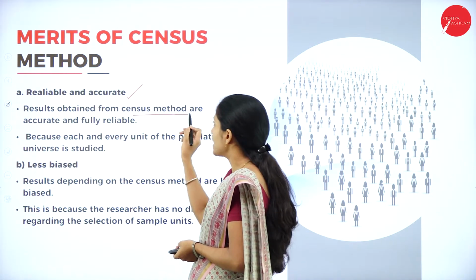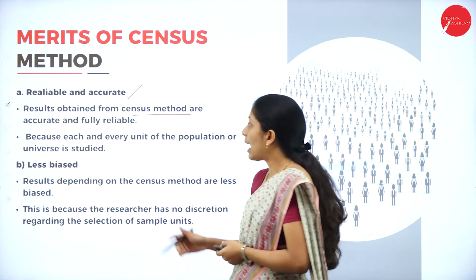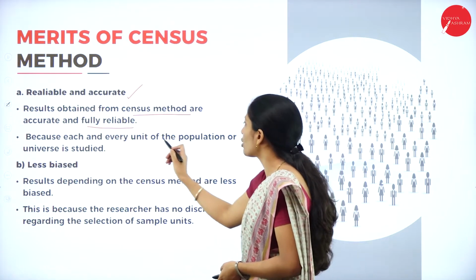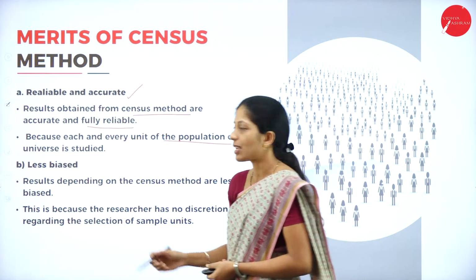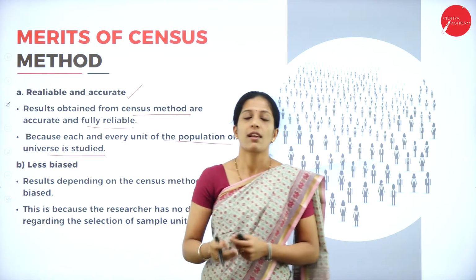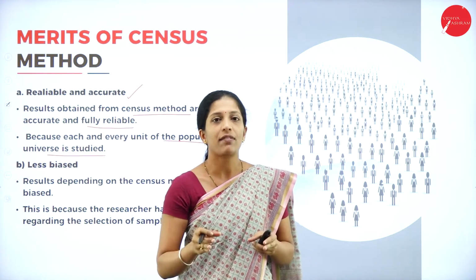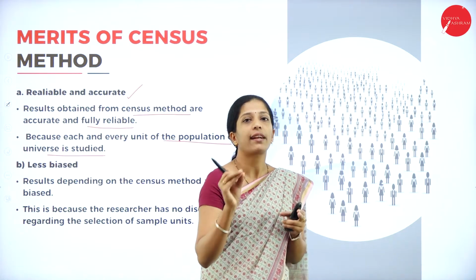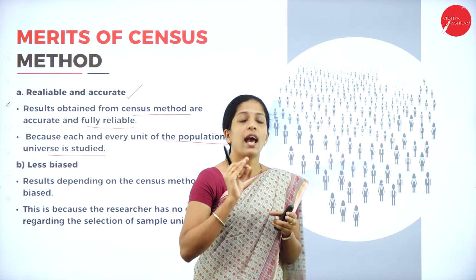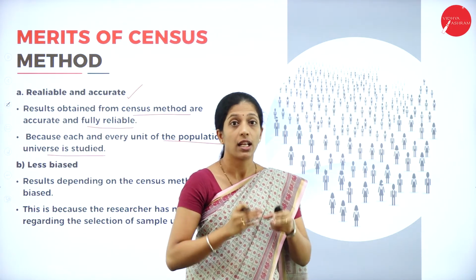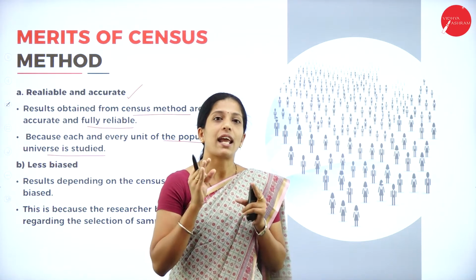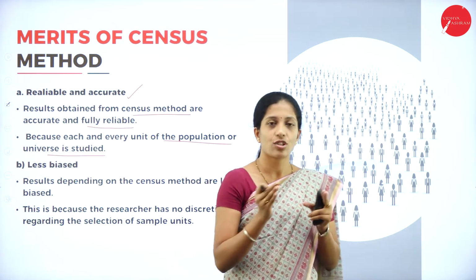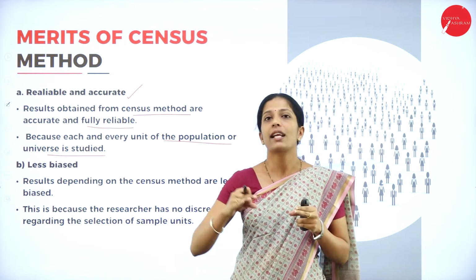Results obtained from the census method are accurate and fully reliable because each and every unit of the population or universe is studied. Suppose they are going to study the behavior of the respondents in Mysuru district, they are going to contact each and every individual personally and collect the information, so that the researcher will get the exact information instead of going for any other sources, that is, instead of going for secondary data or any other sources.